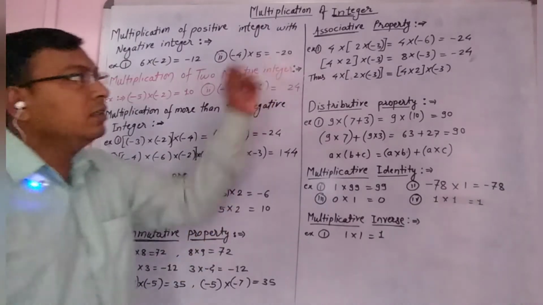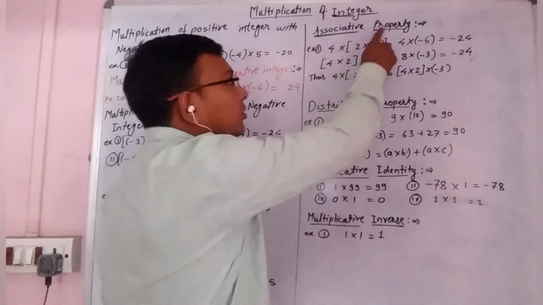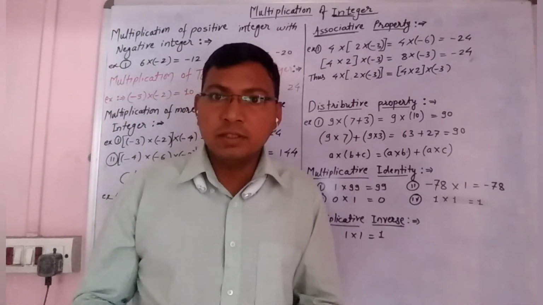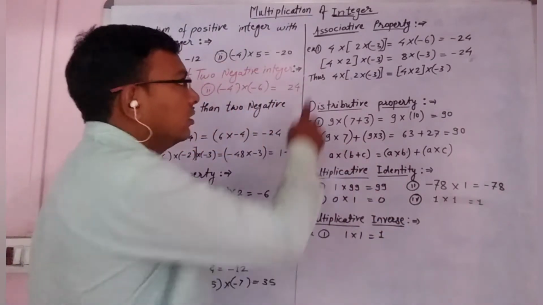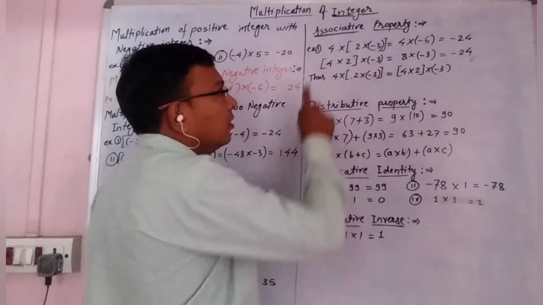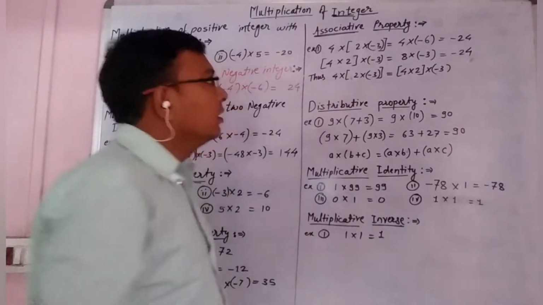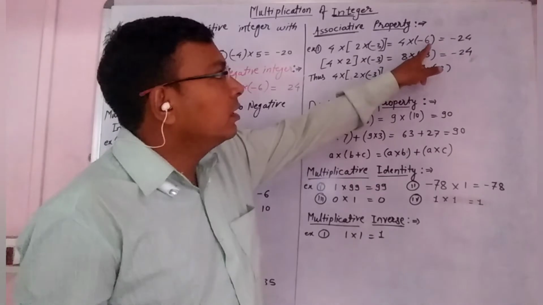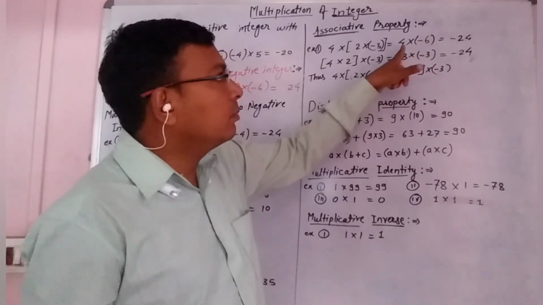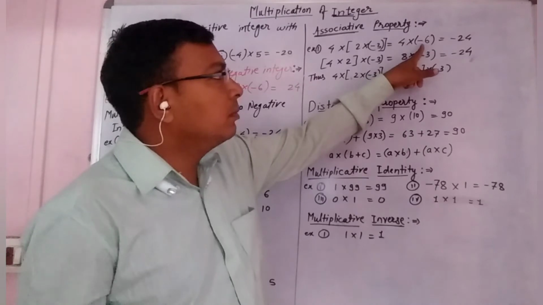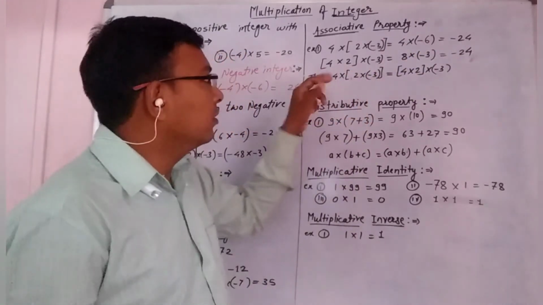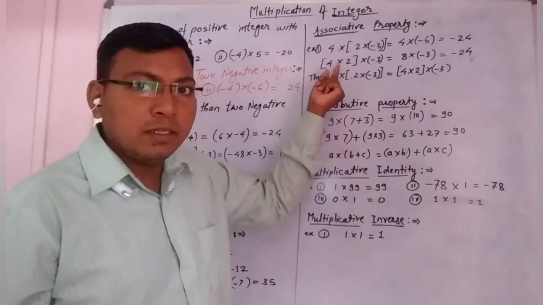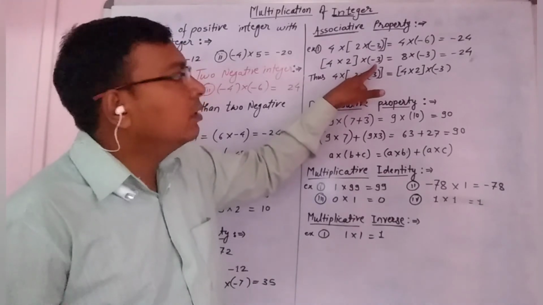Now the next property is the associative property. In the associative property, we take three integers: 4, 2 and minus 3. First we multiply the second and third numbers, 2 into minus 3 that is minus 6, and that product is multiplied by the first number, 4 into minus 6 that is minus 24. Or first we multiply the first and second numbers, 4 into 2 is 8, and the product is multiplied by the third number, minus 3.